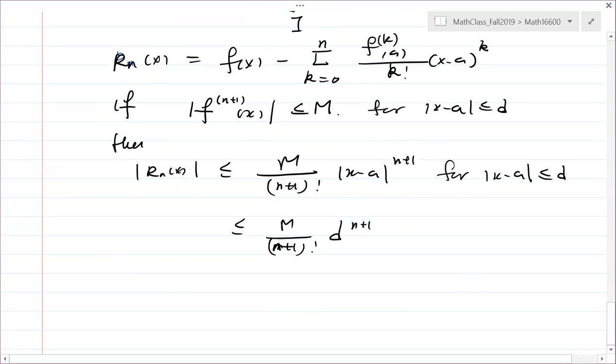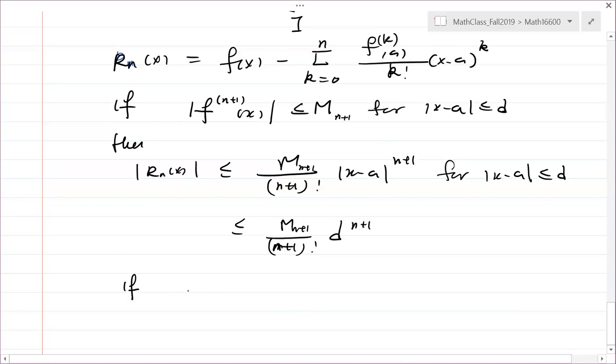Sometimes it's not uniform, it depends on n, plus 1. So maybe it's better to put this, that depends on that. So anyway, we have this estimate. So if you can show this converging to 0, then yeah.